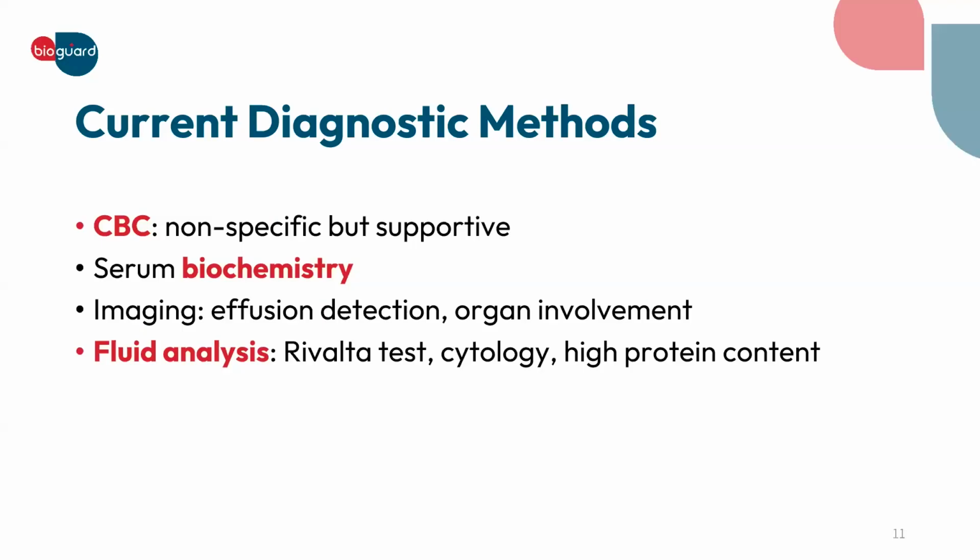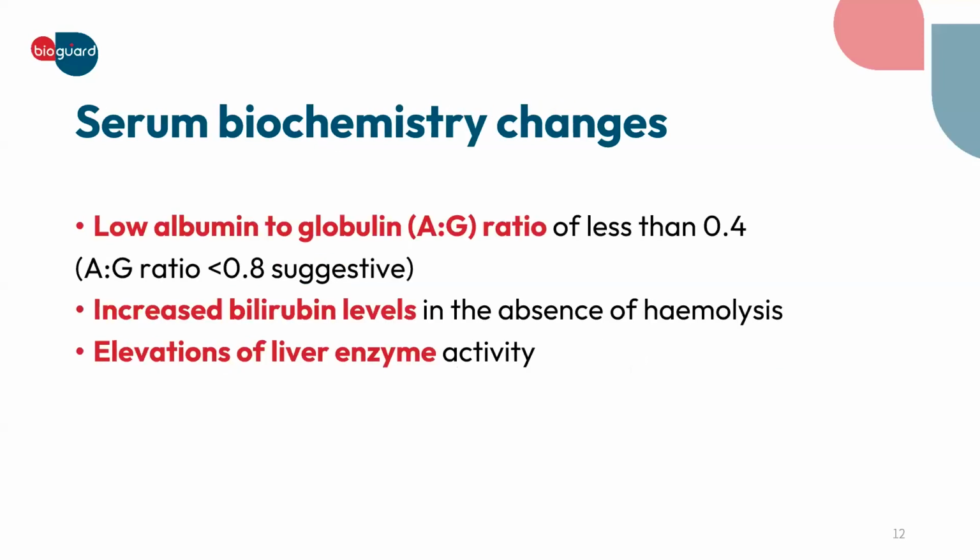So, of course, the basic diagnostic starts with the CBC and biochemistry. After that, as I mentioned, based on the symptoms, imaging can also be done and fluid analysis can also be done. When we talk about the biochemistry, there are certain parameters that are more specific to FIP, especially the protein levels as well as the albumin and globulin ratio.